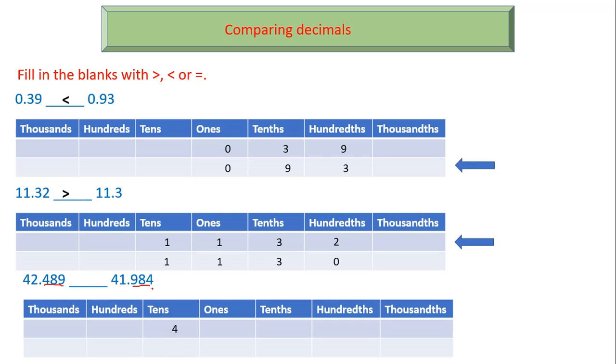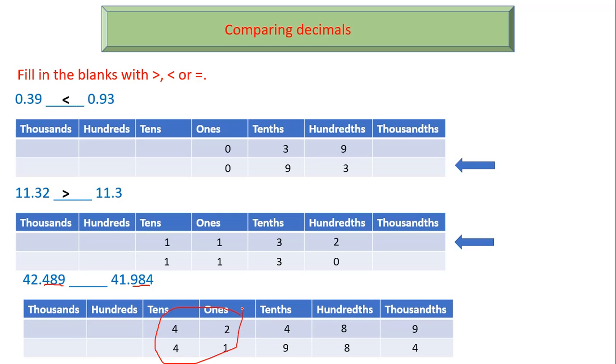Once I arrange, 4 in tens, 2 in ones, 4 in tenths, 8 in hundredths, 9 in thousandths. Same way, the second number: 4 in tens, 1 in ones, 9 in tenths, 8 in hundredths, 4 in thousandths. So first I will compare the whole part.